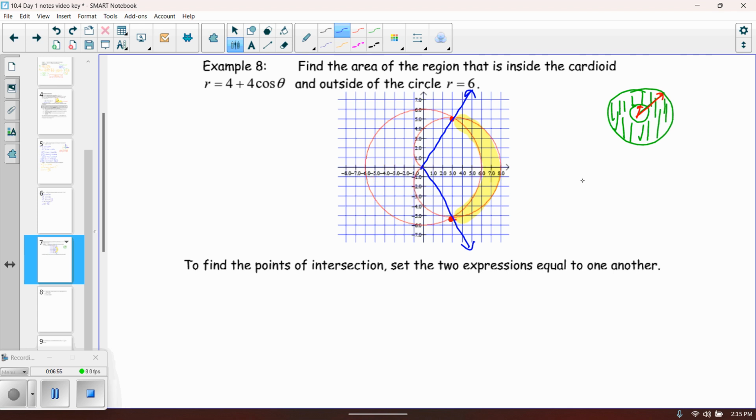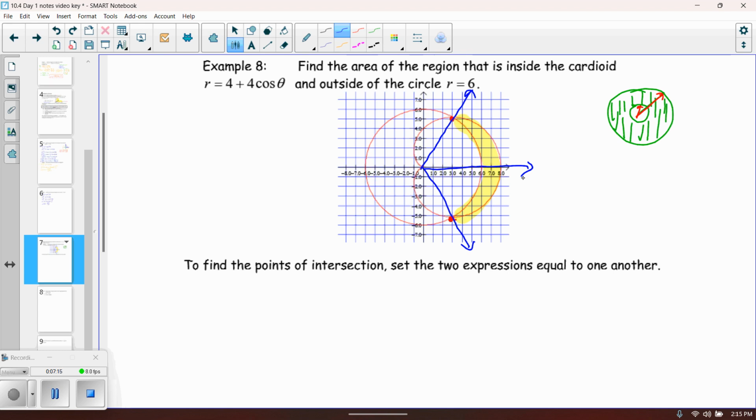Those will be our alpha and our beta. If you notice the symmetry here, it'll probably be easier, to be honest with you, to use symmetry. So we'll go from 0 up to the first one, and then double the result because this is symmetric.